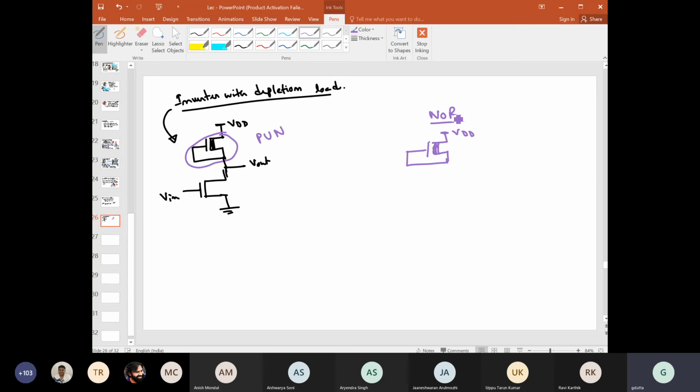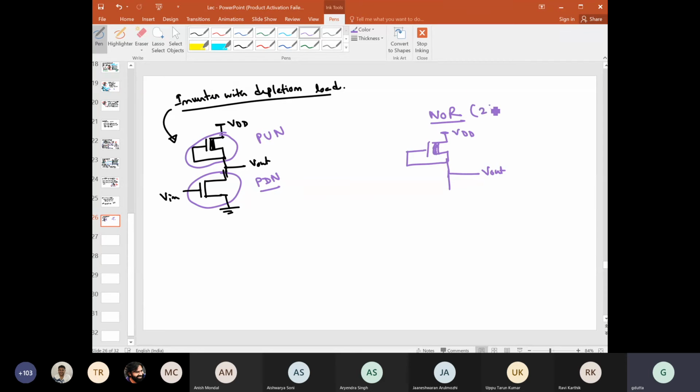It does not matter how many input gates you want to make, two input NOR, two input NAND, whatever you can make, this pull up network will be the same. Here it is V out, but this is the pull down network, PDN. In the pull down network, you now have the NOR gate.